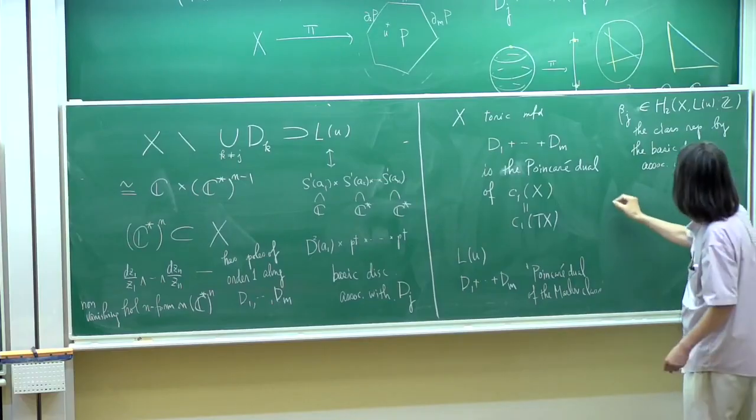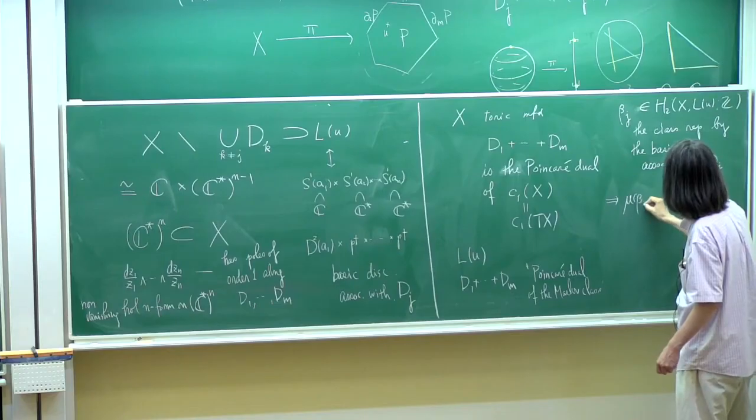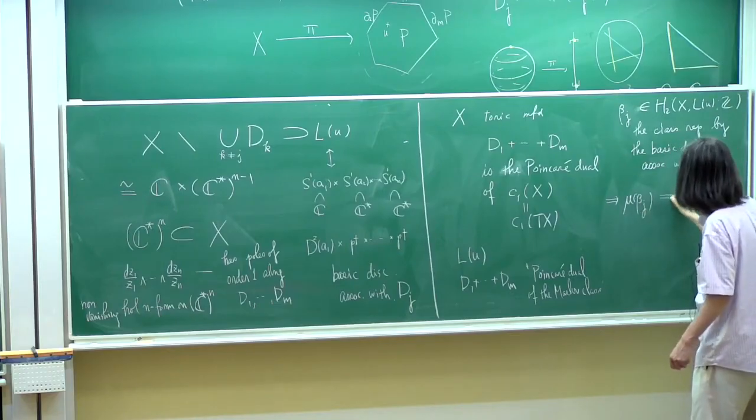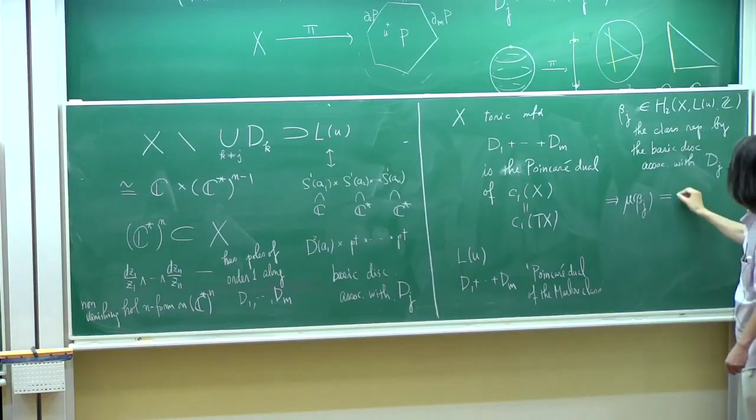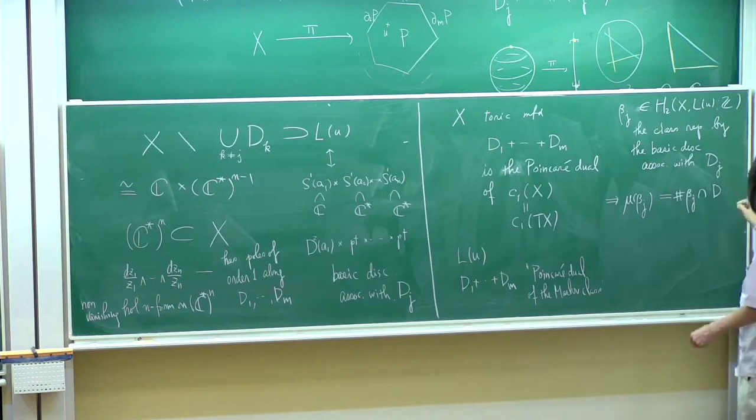Then mu of beta j is the intersection number of the beta j disk and this Dk.